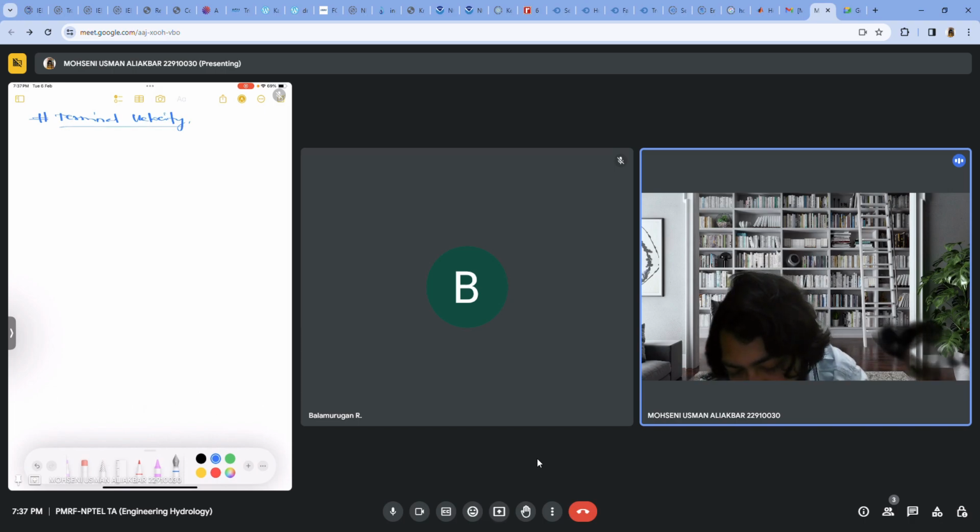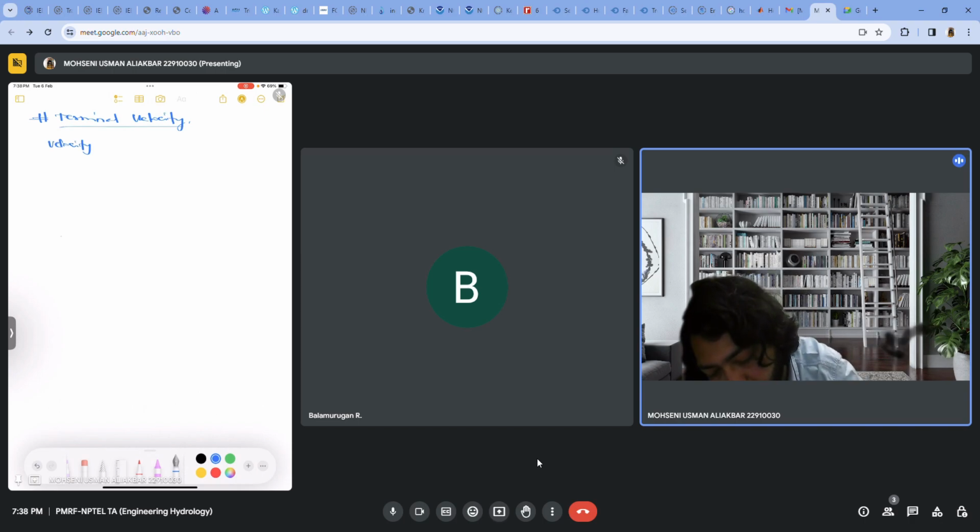So what is terminal velocity? When we drop a particle from a certain height inside a liquid column, after a certain point of time its velocity remains constant, and that constant velocity is nothing but terminal velocity.